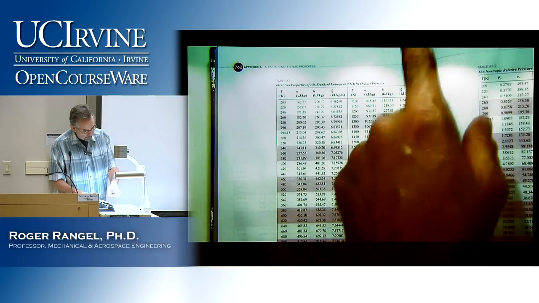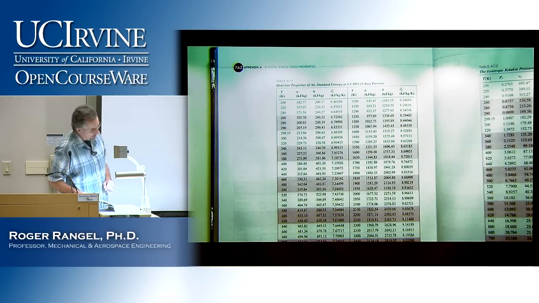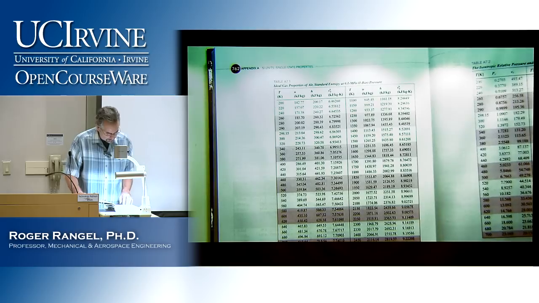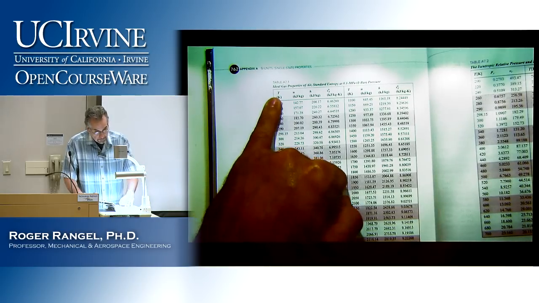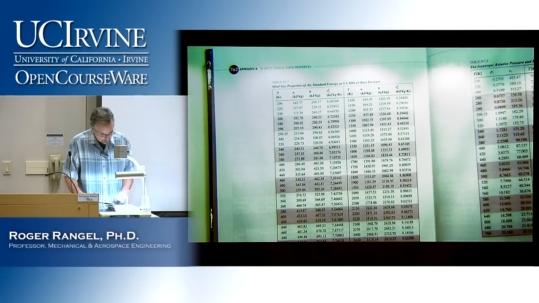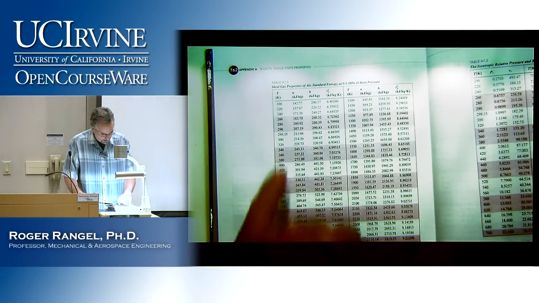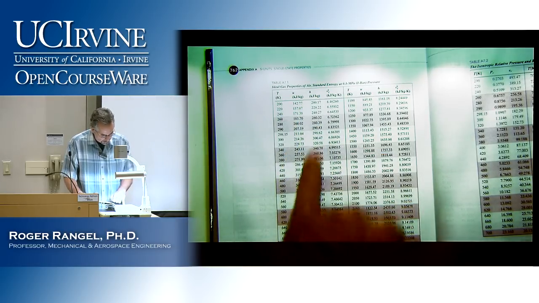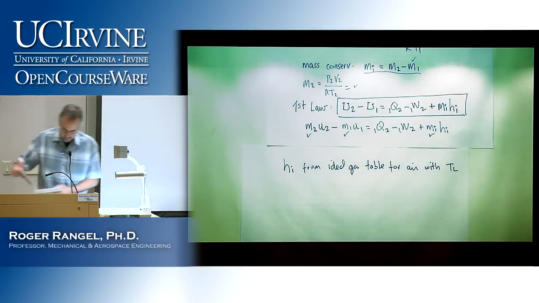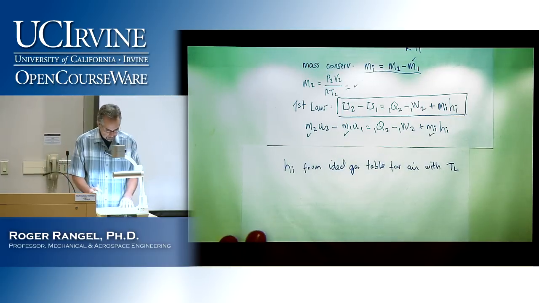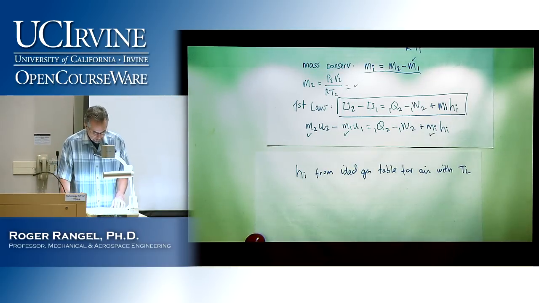Don't forget to convert that temperature to Kelvin, to an absolute scale. So once you convert it to Kelvin, then you can come into this table with your temperature and read your H, which would be the third column. So we can get HI from the table.